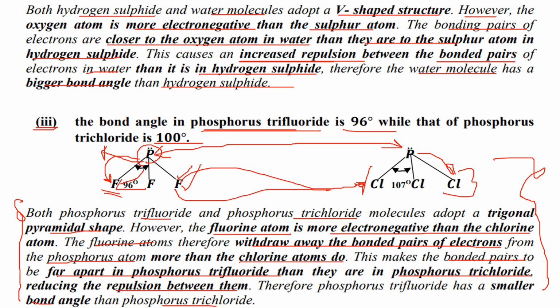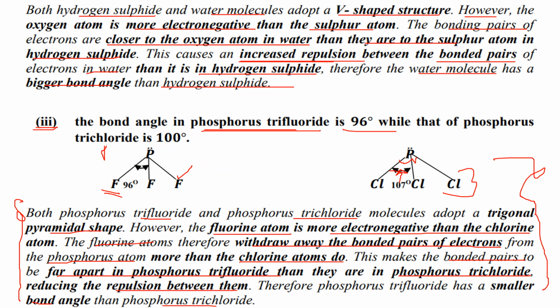So you find that the bond angle is slightly greater, because there is a higher electron density around the central phosphorus atom. So the explanation is as simple and detailed as that.